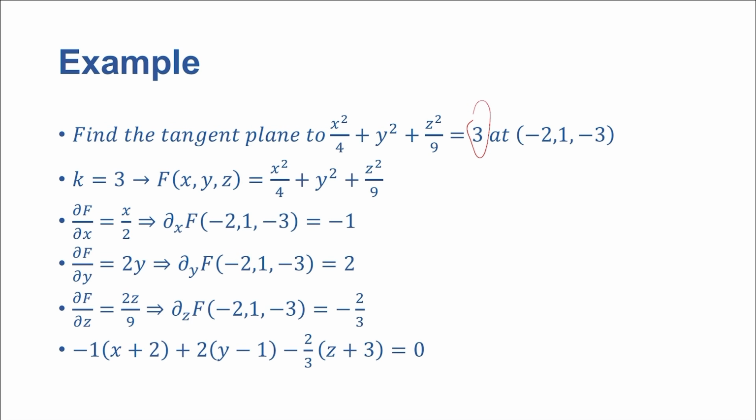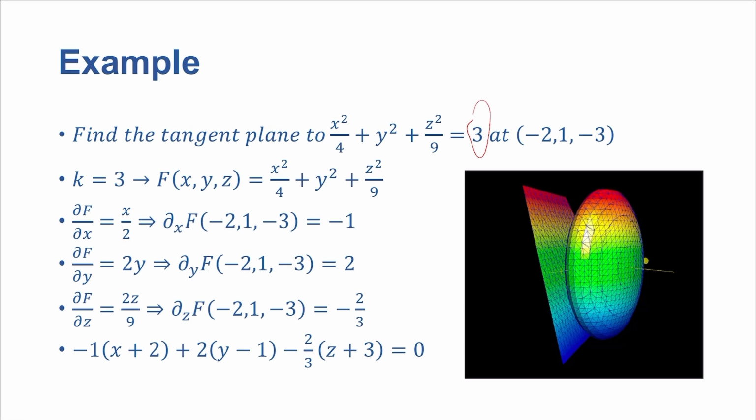Plugging this into the final equation that we saw in the last slide, we get -1 times x plus 2, plus 2 times y minus 1, minus 2/3 times z plus 3, equals 0. And this is, of course, the equation for a plane. So we can see what this looks like graphically. Obviously, this is an ellipsoid, if you remember your quadric surfaces from earlier.